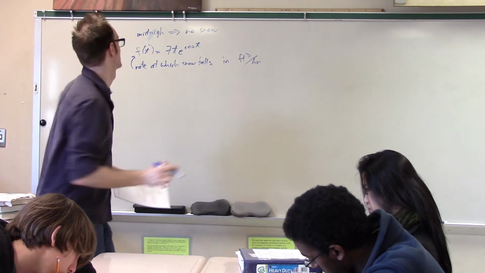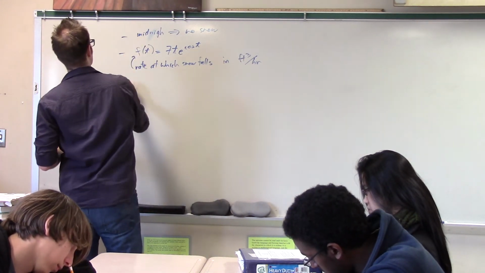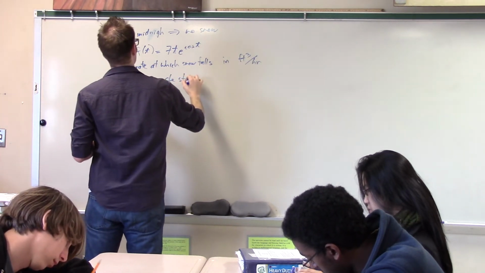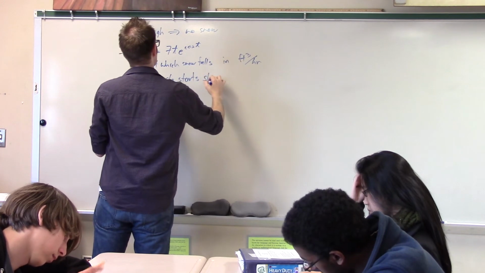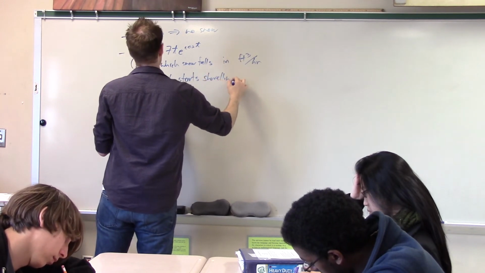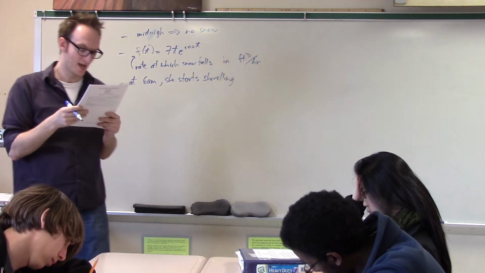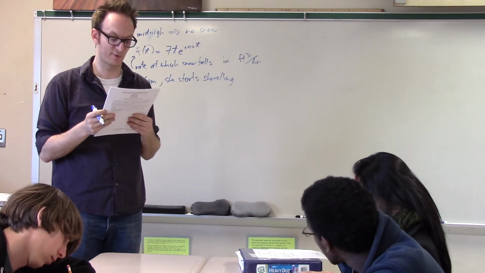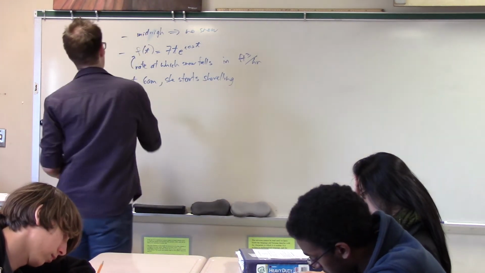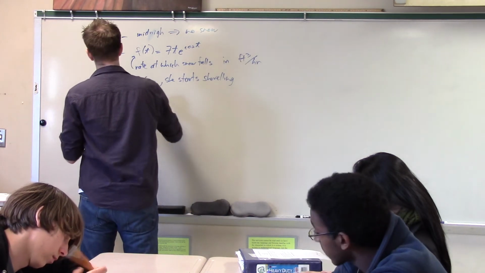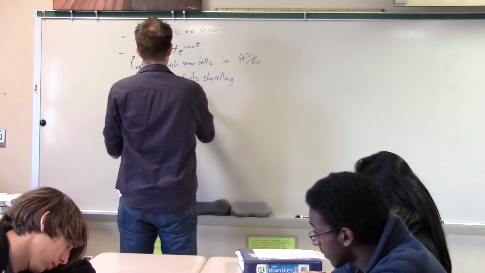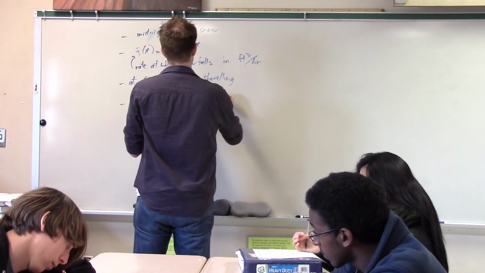Okay, and then what happens next? At 6 a.m., she starts shoveling her driveway at a rate of g of t. And g of t is a piecewise function that's given to us. Exactly correct. It appears as if she shovels at different rates. Well, at time 0 to 6, her rate of shoveling is 0 because she's still sleeping, right?